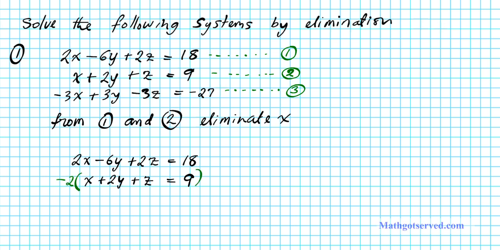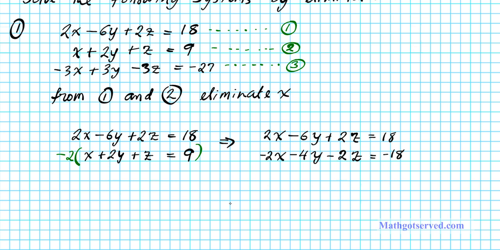Okay? So this system becomes, the first equation stays the same, 2x minus 6y plus 2z equals 18. And then the second, we distribute negative 2. We have negative 2x minus 4y minus 2z equals negative 18. Okay, so what we'll do now is combine these two, and x should be eliminated.